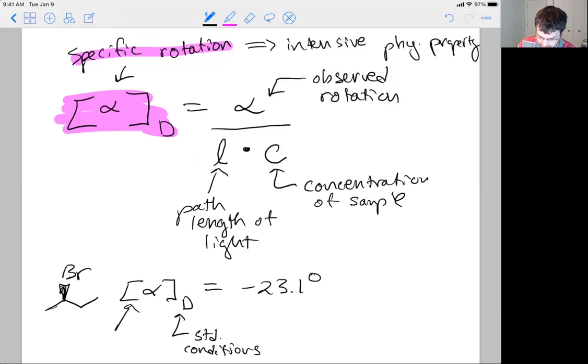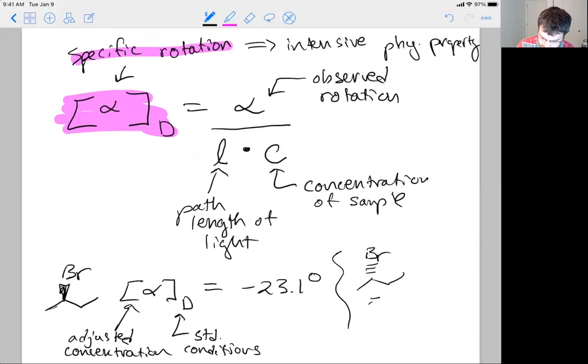And then the bracketed value means adjusted for concentration, which we usually label as concentration in brackets. And similarly, if we had the enantiomer of this compound, the alpha D value would equal plus 23.1 degrees.